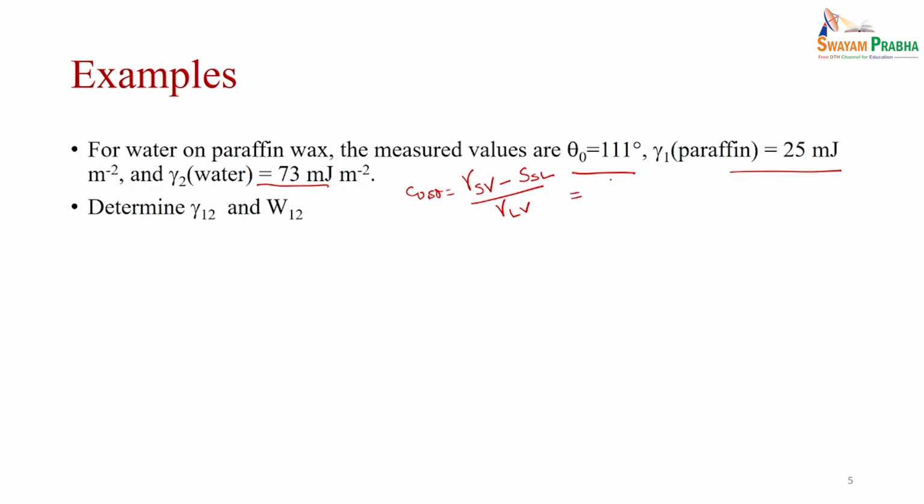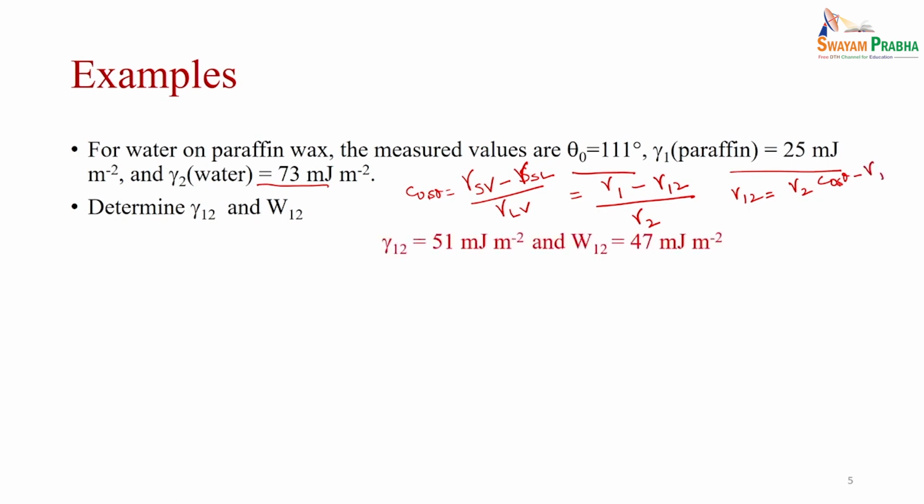Gamma SV means gamma 1, paraffin, gamma SL means gamma 12, divided by gamma LV, liquid, we are considering gamma 2. So, from here theta is known, we should be able to calculate the value of gamma 12, which will be gamma 2 cos theta minus gamma 1. So, if you calculate, it is coming out to be 51 millijoule per meter square.